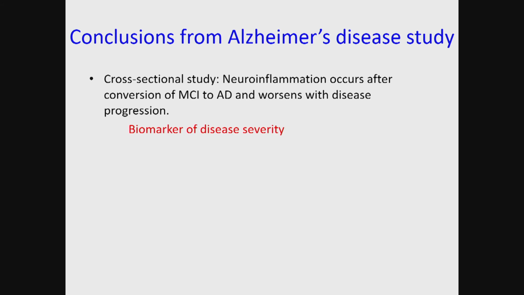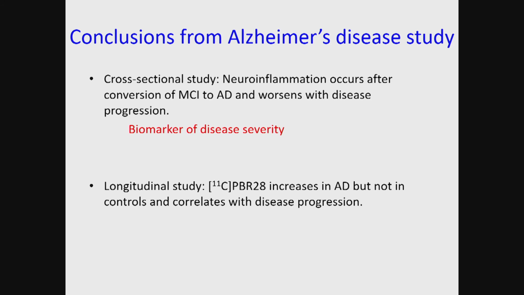It is therefore a putative biomarker of disease severity. The longitudinal study showed this TSPO labeled with PBR28 increases in Alzheimer's disease but not in controls, and that the amount of increase correlates with disease progression, and therefore it is a putative biomarker of disease progression in Alzheimer's disease.